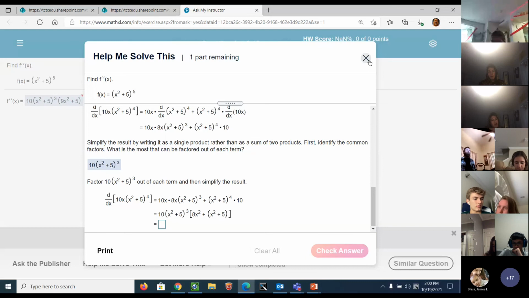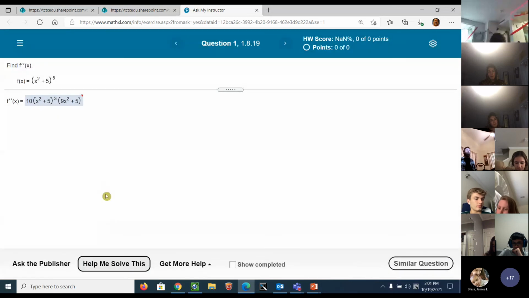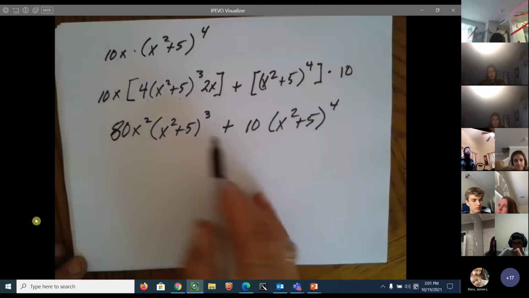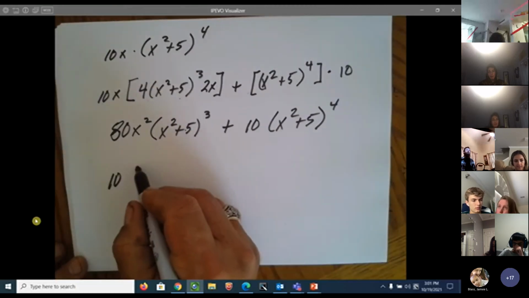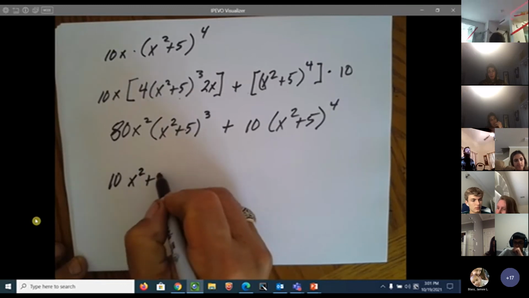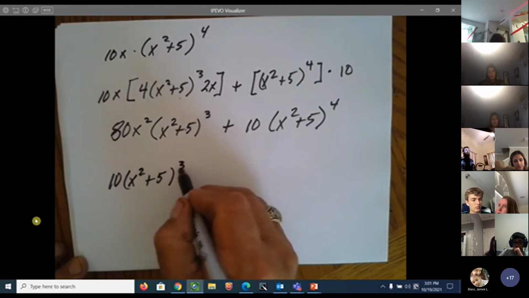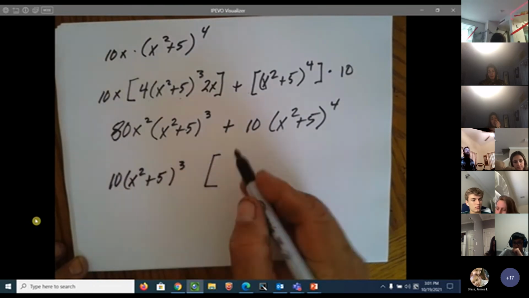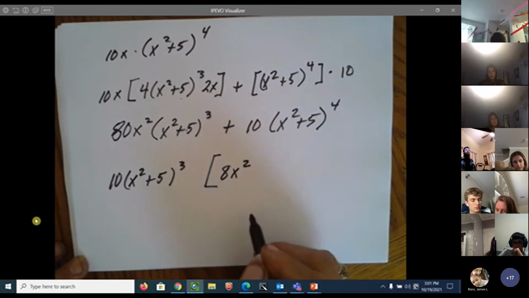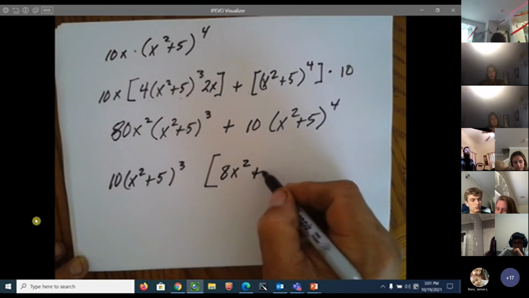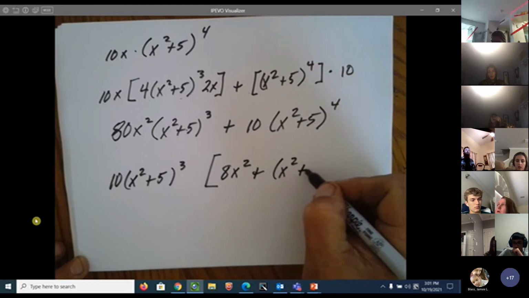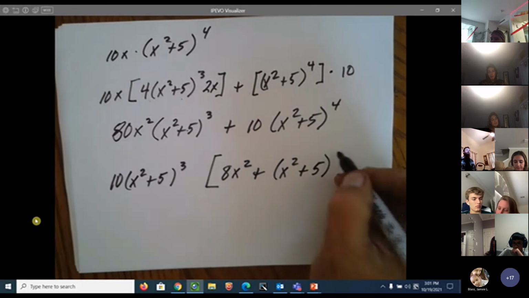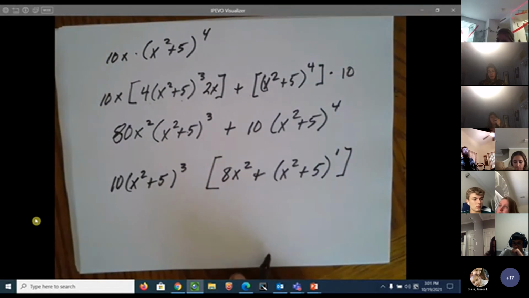I didn't know they wanted to go all that far, but that's what they're doing. They're factoring out a 10 and an x. So factor out 10, and that's going to leave (x squared plus 5) to the third power. And that's going to leave 8x squared plus (x squared plus 5) to the first power, I think.